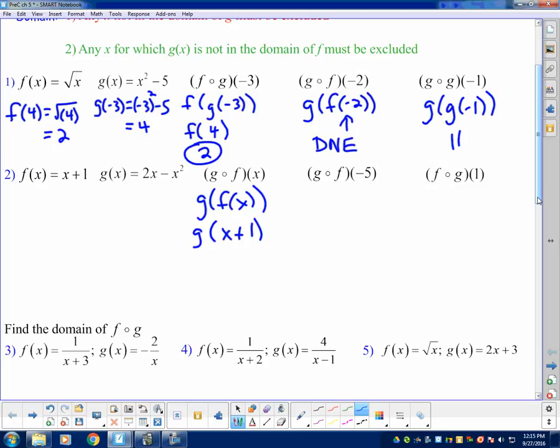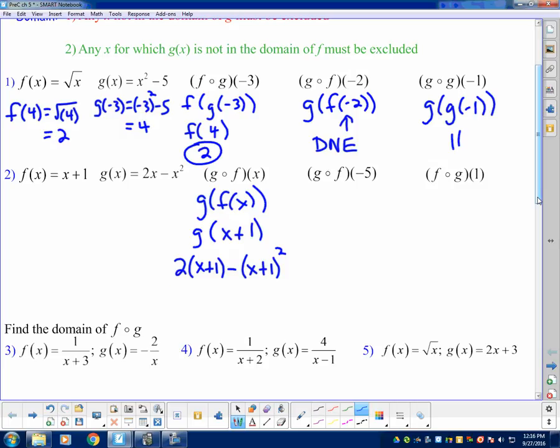So g of x plus 1 means take 2 times x plus 1 minus x plus 1 squared. And so I'm plugging x plus 1 in here and here. And then we're going to evaluate that.